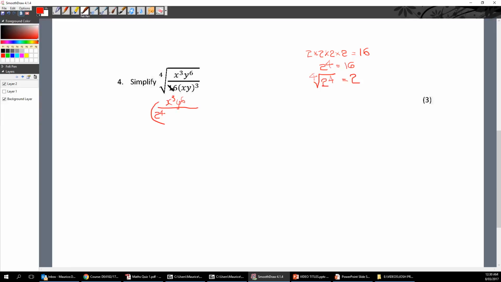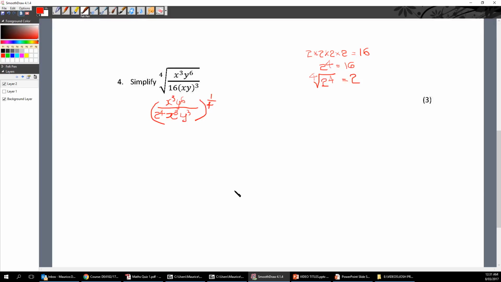And then this is xy all cubed. I'm going to expand that out. So that's x cubed y cubed, and then that will be to the power of a quarter, the fourth root.